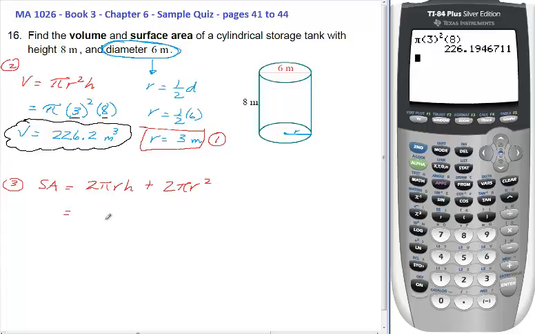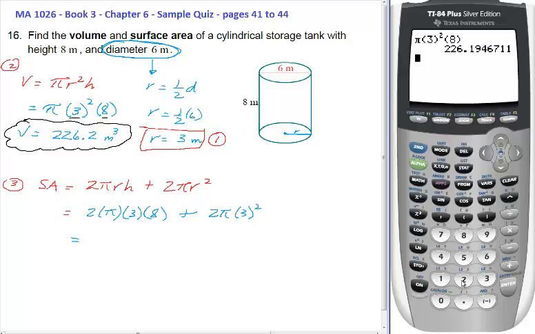So again, it's based on the radius, so we also need the radius for this one. So let's see what we get here. We got 2 times pi times the radius, which is 3, times the height, which is 8, plus 2 pi r squared. Okay, now let's see what we have there.